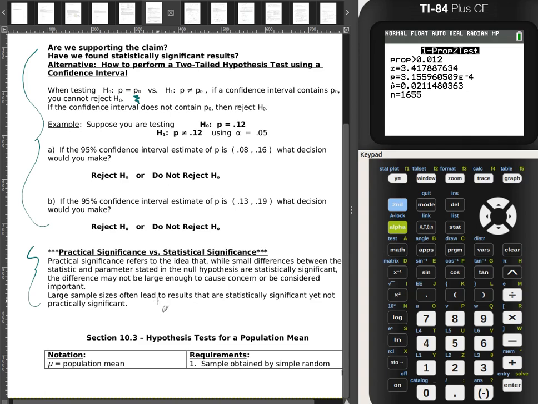Who cares? That would be a low level of practical significance. Practical significance is a type of significance that's really going to affect people's lives. We're thinking about the side effects for the drugs and stuff like that. If one of the side effects of a drug is death, and you find a statistically significant chance that the drug is going to kill you, then that has a lot of practical significance.